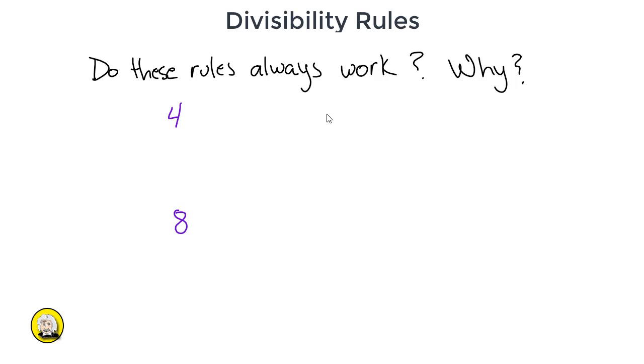Well, if I had a number that's 632, effectively I can factor that out into 600 plus 30 plus 2. And I know anything times 100 is divisible by 4. So 100 is divisible by 4.